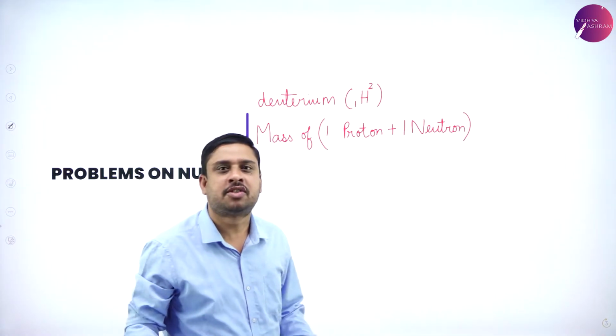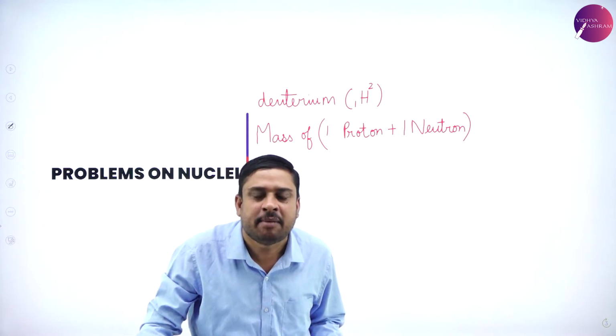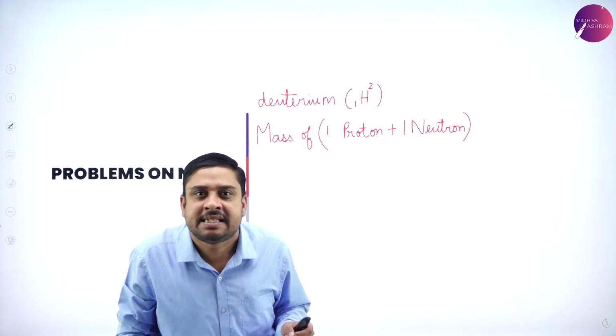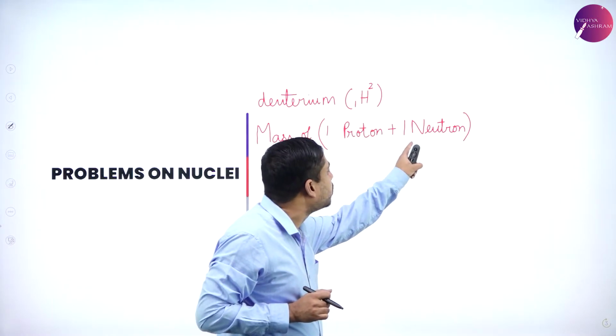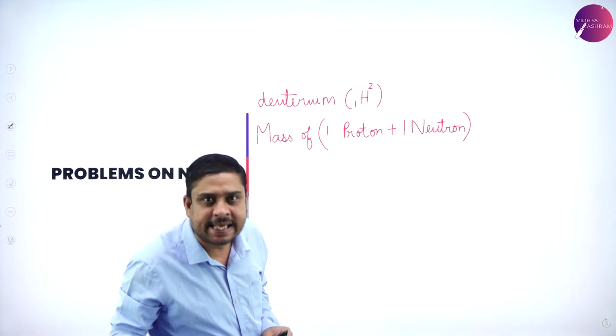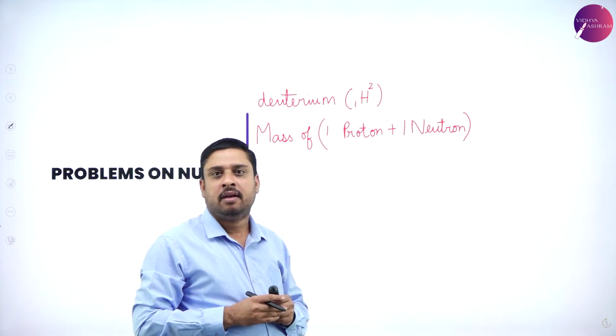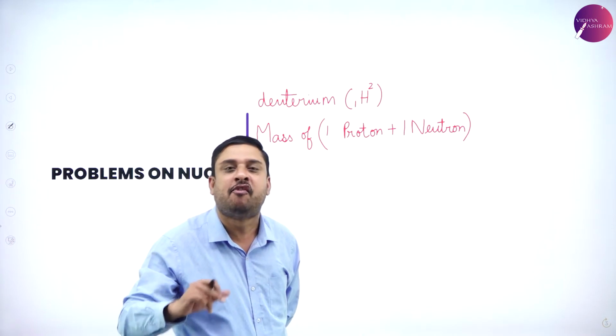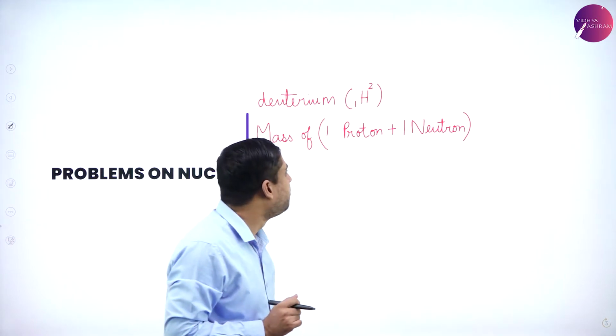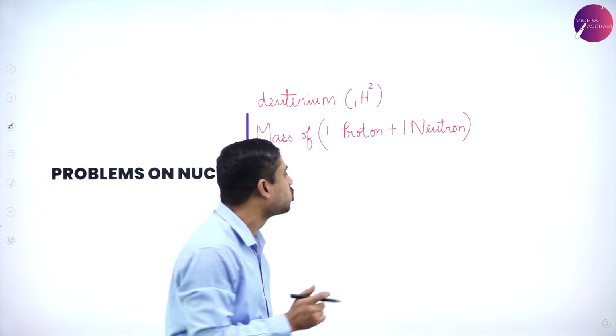This is because deuterium comprises of a single proton and a single neutron. So first I find the mass of one proton plus one neutron.